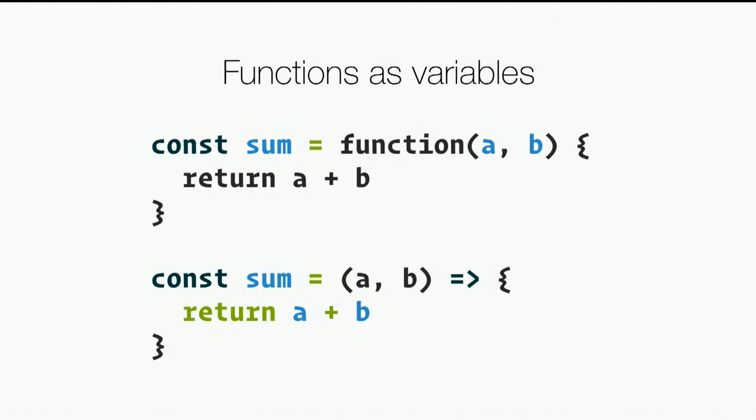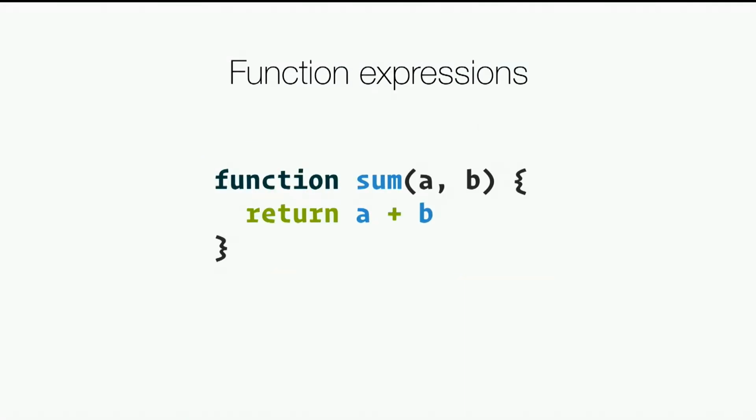It's subtly different in behavior. We don't get hoisting if we do it this way, right? So if you just use a function expression, you could call that function higher up in the code than where it's actually defined, as long as you're within the same scope as where it was defined.